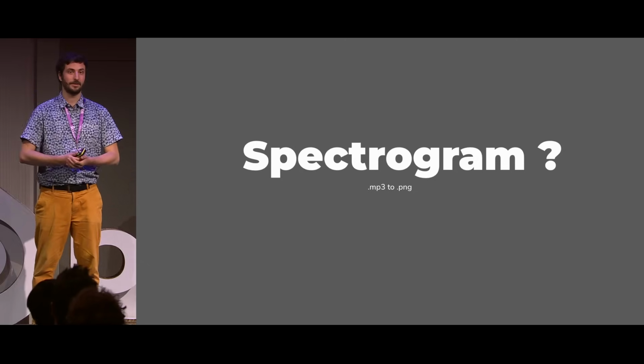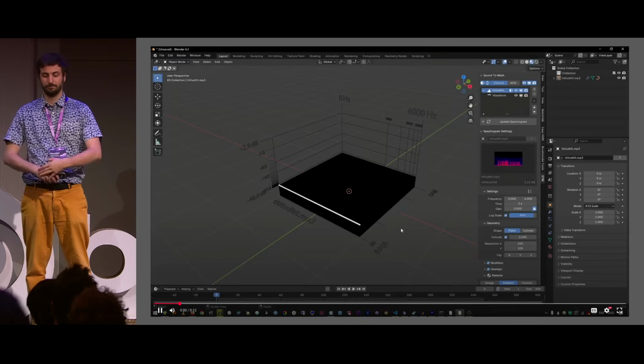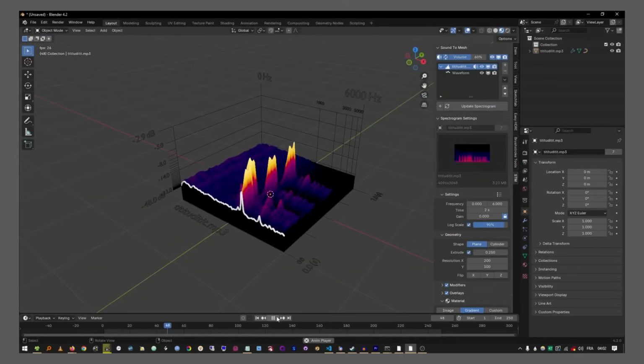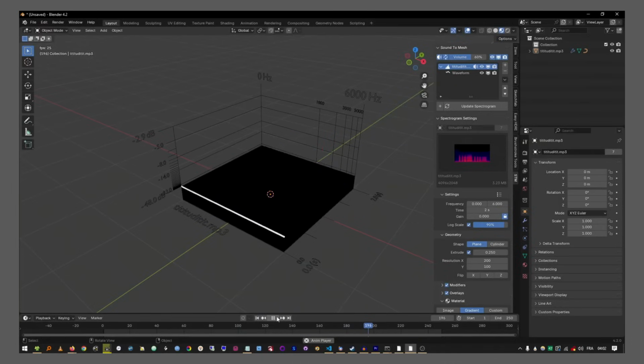So first, what is a spectrogram? My slides are a bit out of order, but this was the signal.